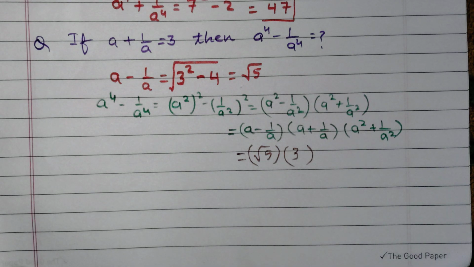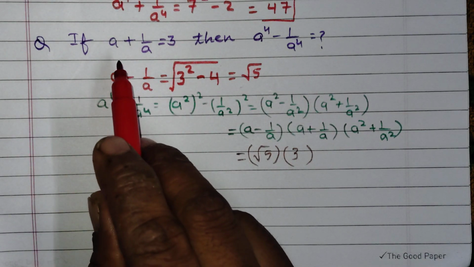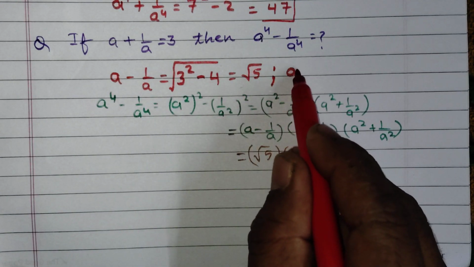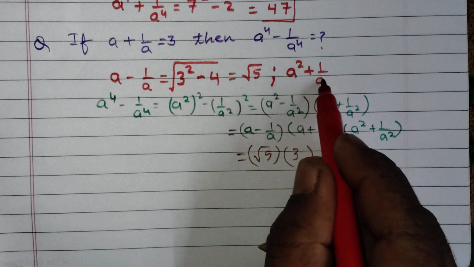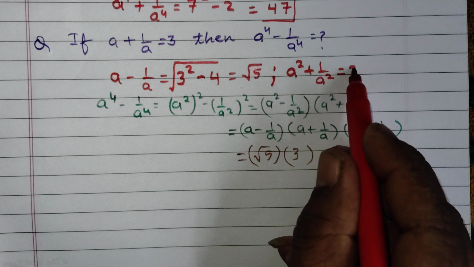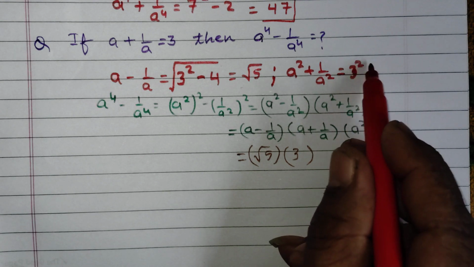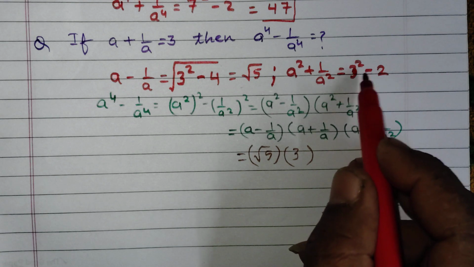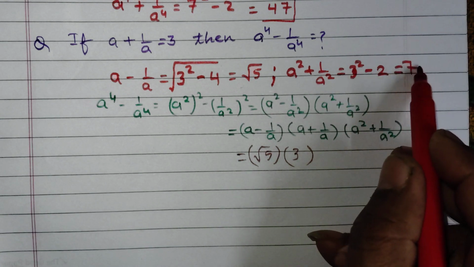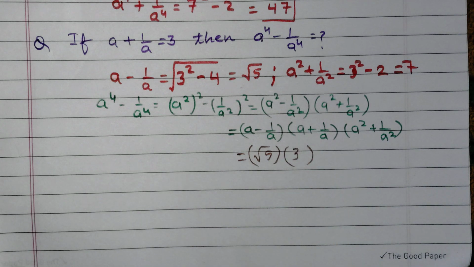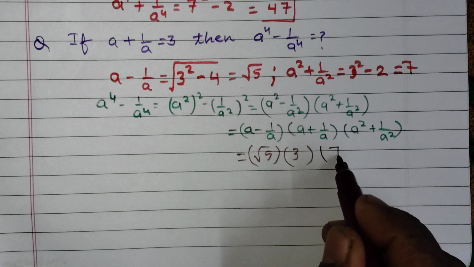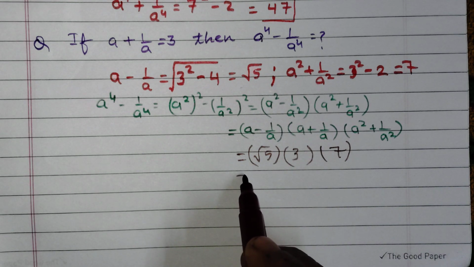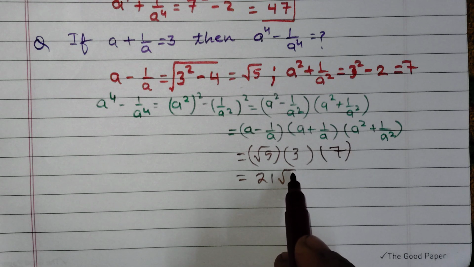Given a plus 1 upon a equal to 3, squaring both sides gives a square plus 1 upon a square equal to 3 square minus 2. 3 square is 9, minus 2, we get 7. So we plug in 7 here. The final answer is 7 times 3, which is 21, multiplied by square root 5, so 21 square root 5 is the answer.